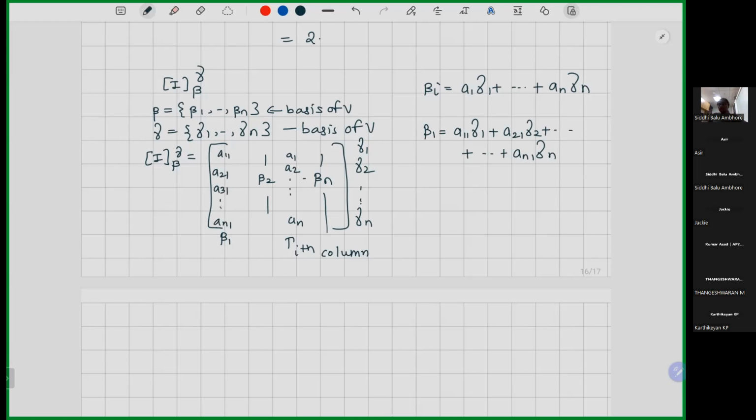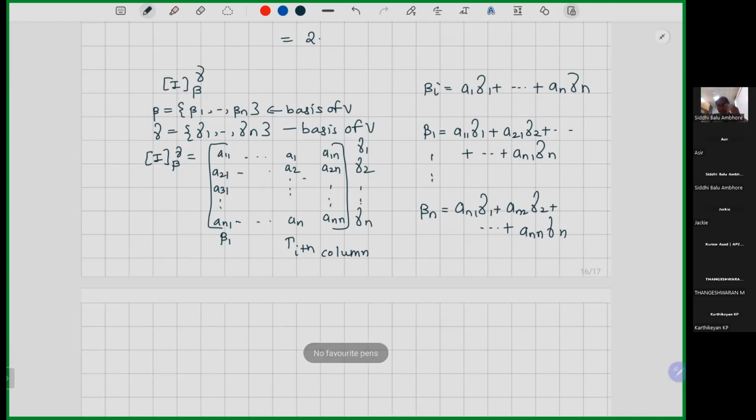And when I write this for each, like AN1 gamma 1, AN2 gamma 2, ANN gamma N, this is how the matrix is formed, with the last column A1N, A2N, ANN. Any doubts here, sir? No, it is clear.